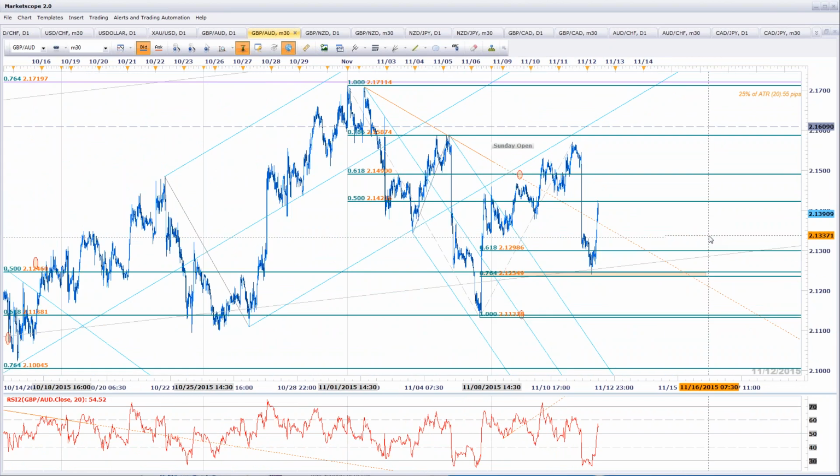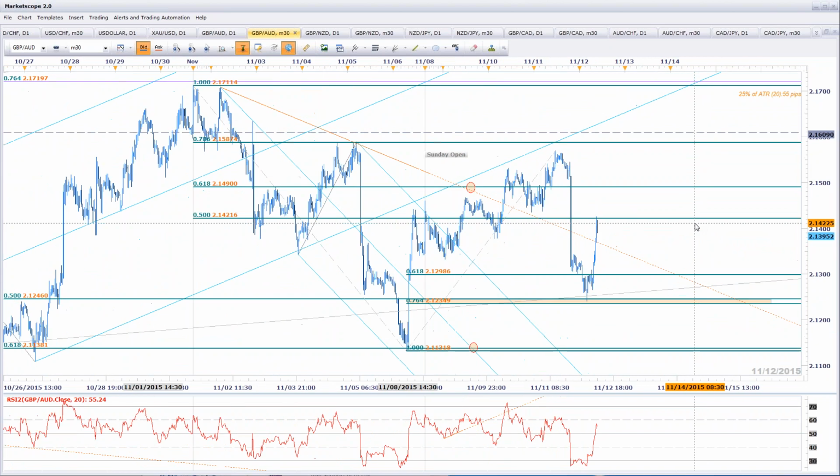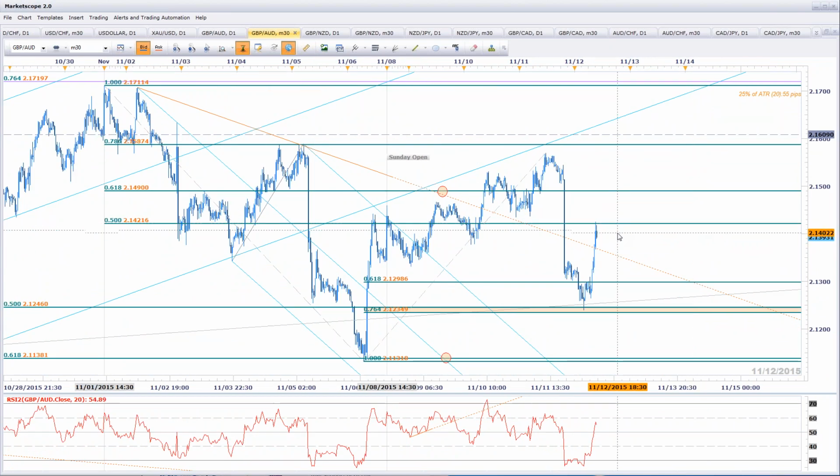I'll tell you what I don't like about Sterling Oz here is that you're right back at the weekly open. This is going to be a doji on the week, if we were to close here, that is.